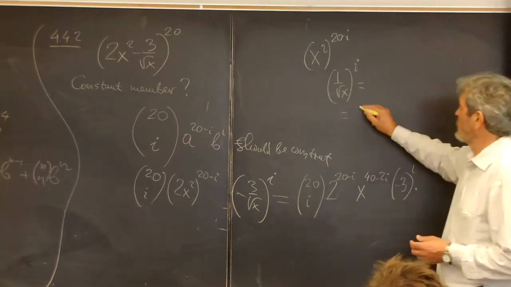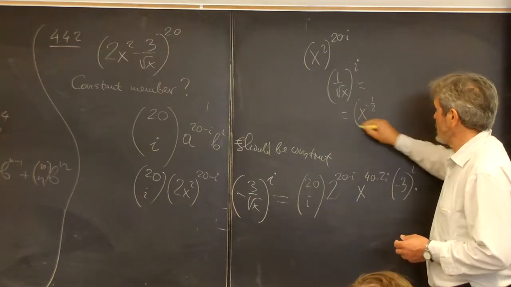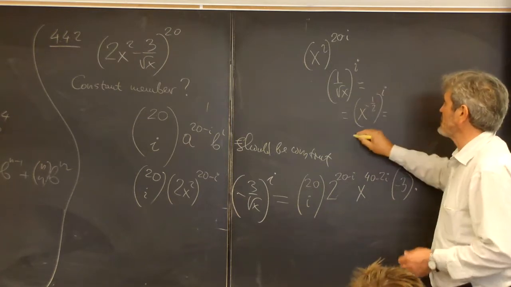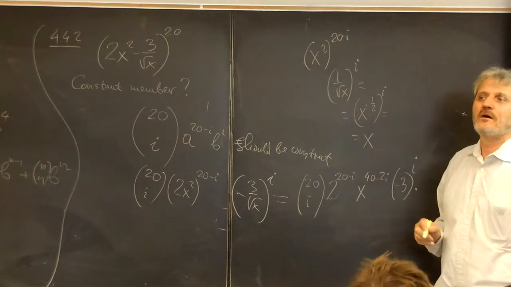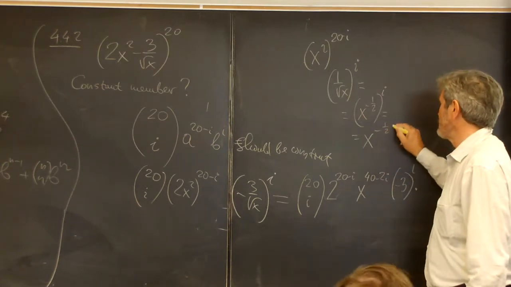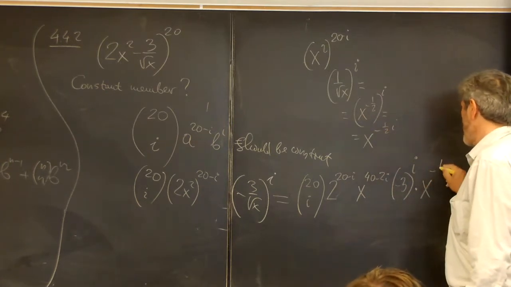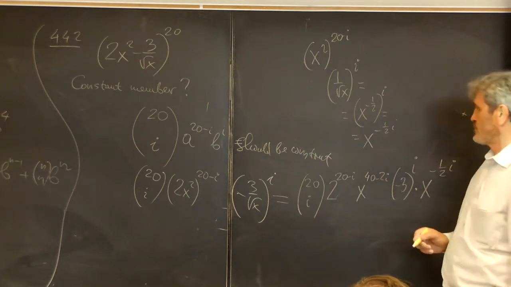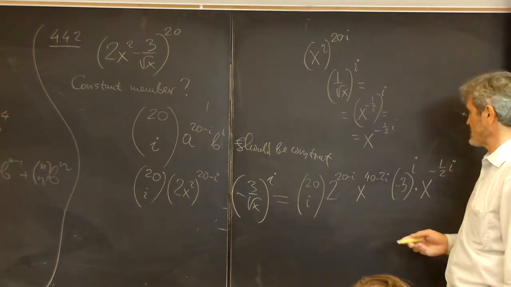Negative 1 half. And then raised to I, so how much is that? X to the power negative 1 half I.